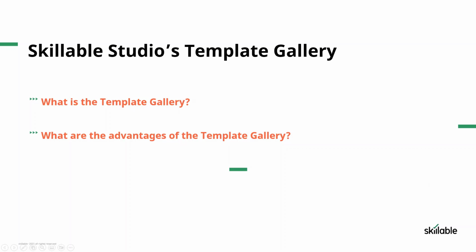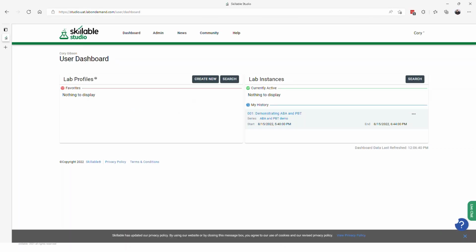So without further ado, let's jump over to our new Skillable Studio. For those of you familiar with our platform, this may look a little different to you. We have introduced the new dashboard with the new lab advisor.